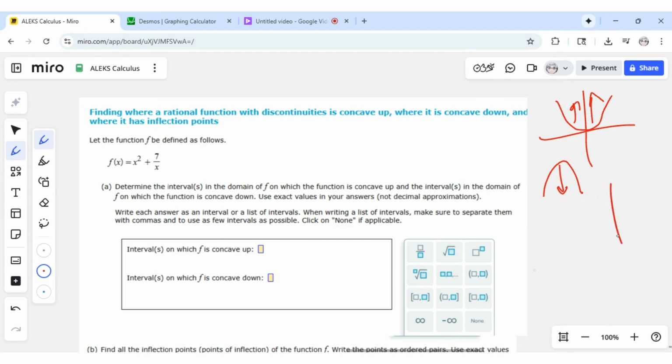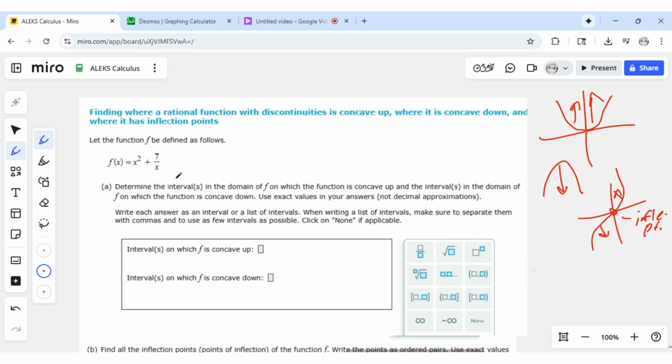If you look at a curve like x cubed, it's actually concave down over here and concave up over here, and it switches right there. That's what we call an inflection point. So where the concavity changes, that's an inflection point.